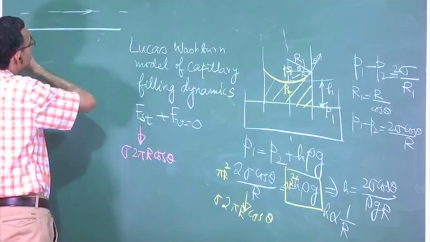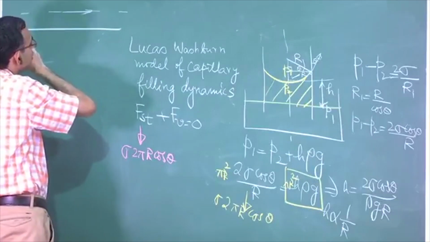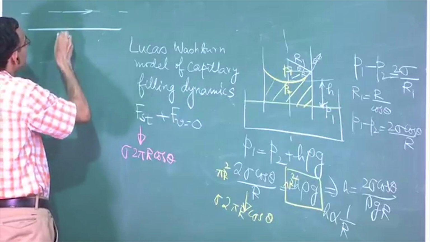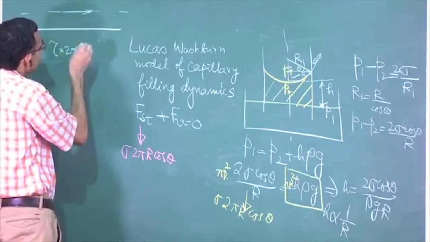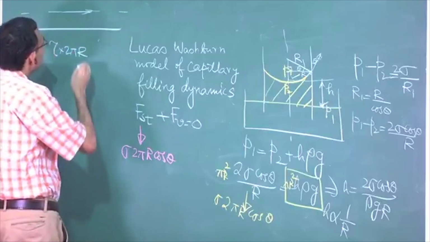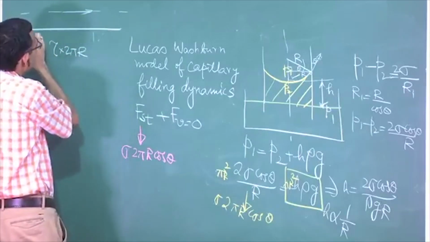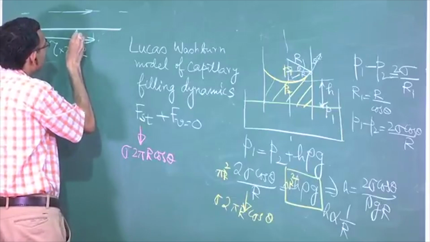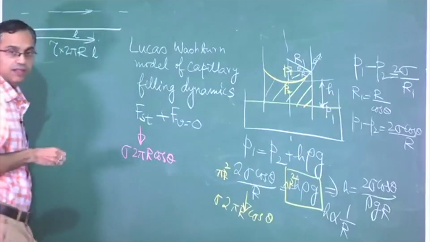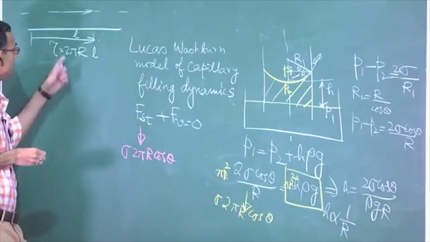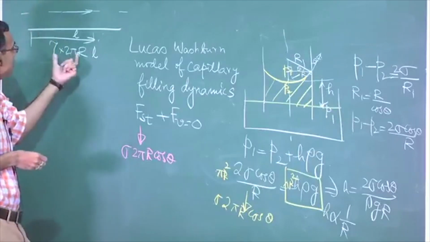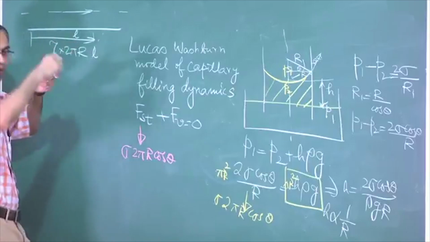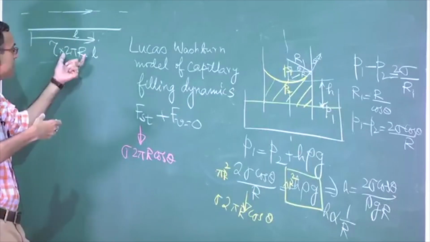If the flow is taking place in this direction, then the viscous force is tau into 2 pi r into the instantaneous length L up to which the capillary is filled. Tau is the shear stress times 2 pi r L, the surface over which the shear stress is acting.